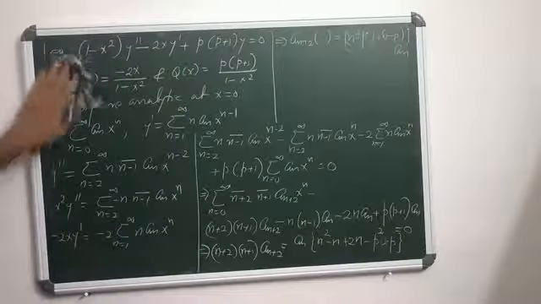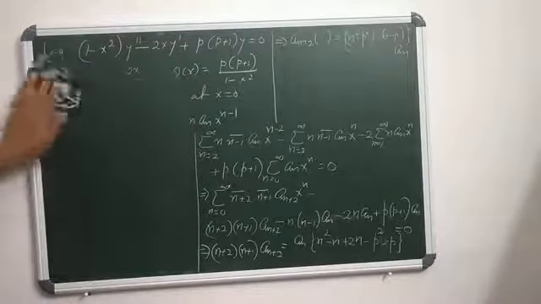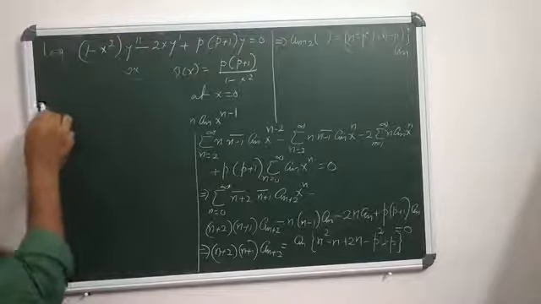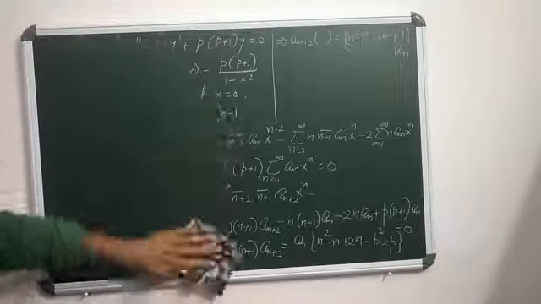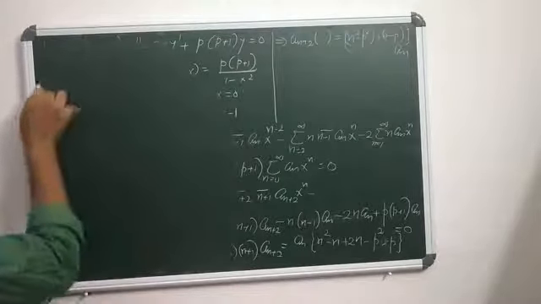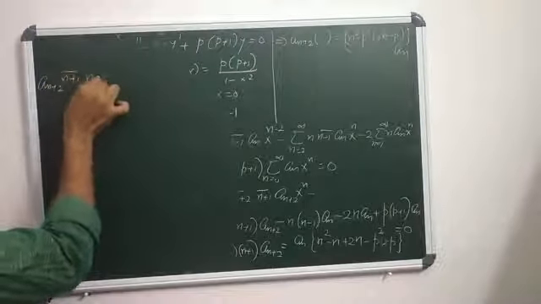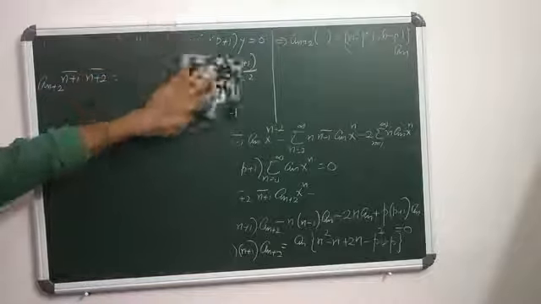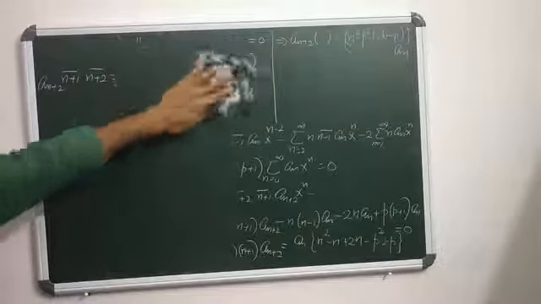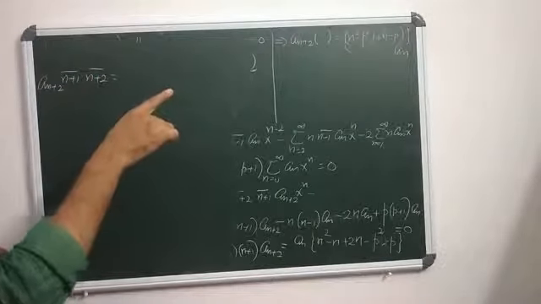So that means a n plus 2 into n plus 1 into n plus 2 equals, on the right side, n square minus p square and n minus p, which is common.